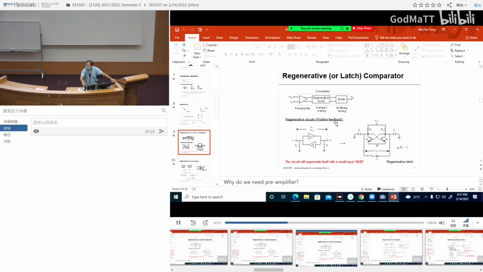And then the whole thing is a positive feedback cycle. So this kind of cross-coupled MOS structure is very often a positive feedback circuit. A small change on one side will get amplified on the other side, and this change on the other side will amplify whatever the original change was on the first side. So this is positive feedback.